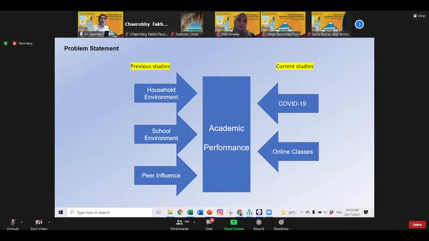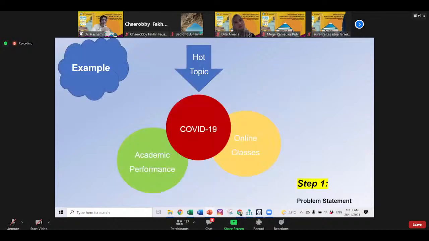It can affect your academic performance somehow, yes, somehow no, and then how? Interpret, right? So this is the current study, COVID-19 and online classes, right? So I found previous study and current study, right? For example, now as a hot topic, how can COVID-19 affect online classes and academic performance? This is step one. I found an issue, right?